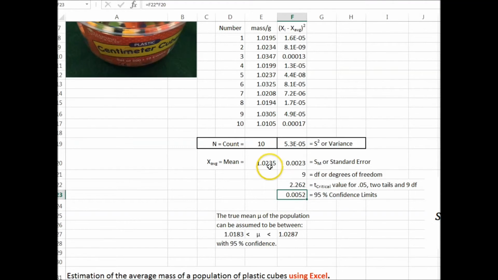If we add those to the mean, we get the high range, and subtract that from the mean, we get the low range. So this is a range of values for our estimate of the population mean. It's going to be somewhere, to 95% confidence, between 1.0183 and 1.0287.